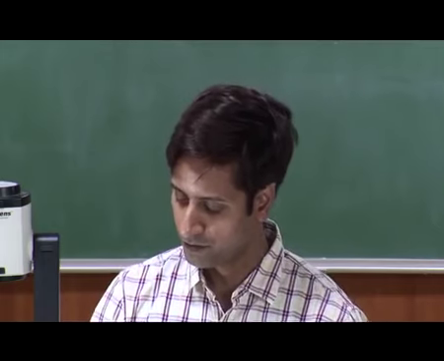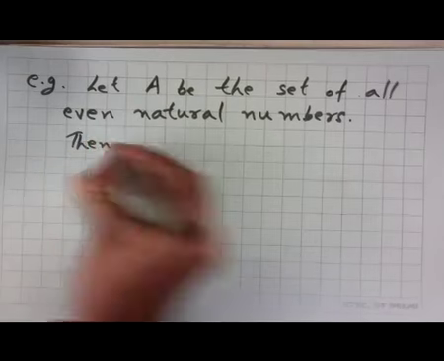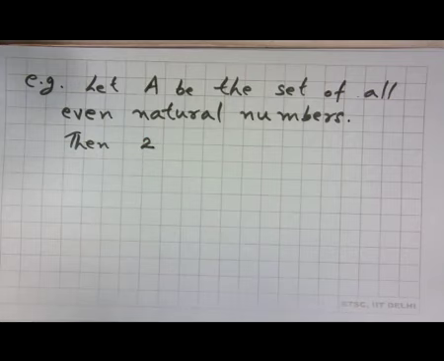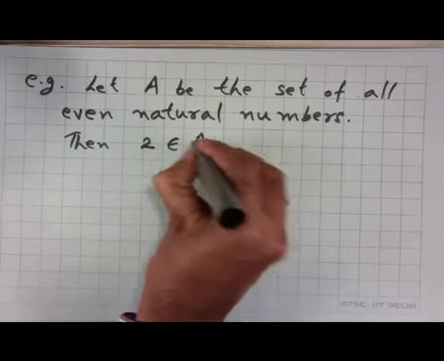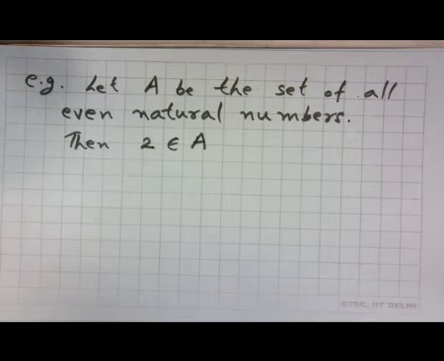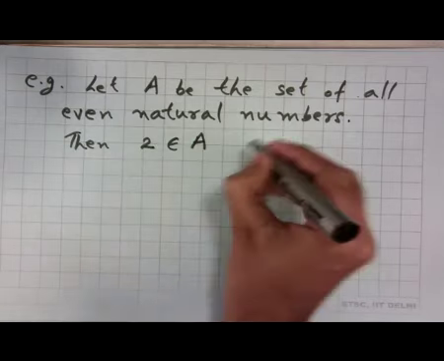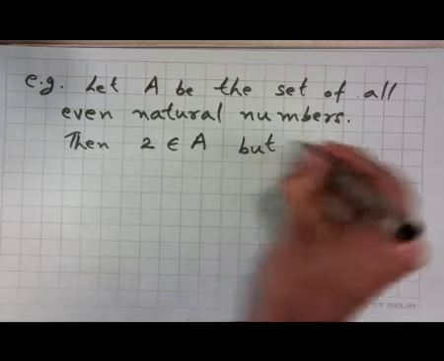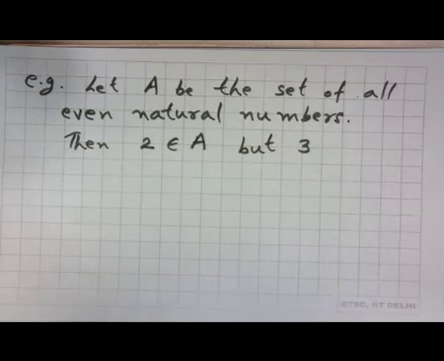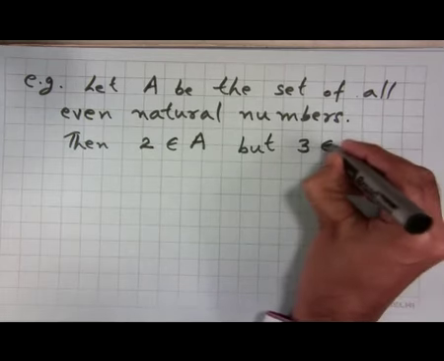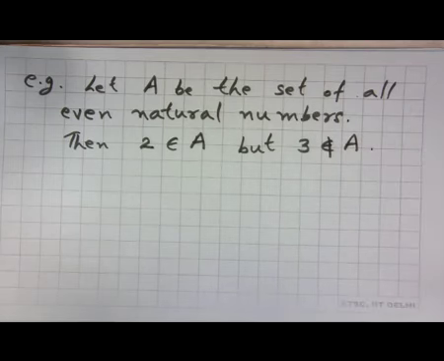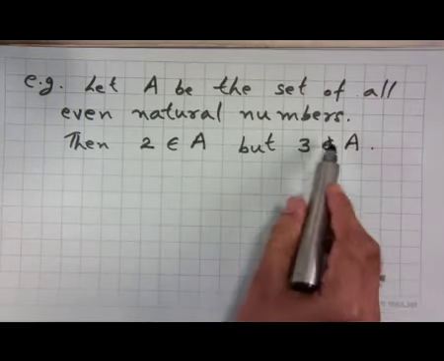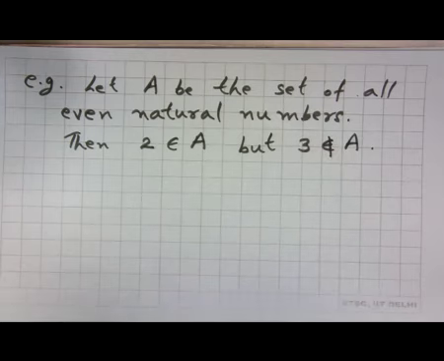Then the natural number 2 is an element of the set A. We write 2 belongs to A. But the natural number 3 is an odd number, not an even natural number. So, 3 is not in the set A. For not an element of A, we cross this epsilon.